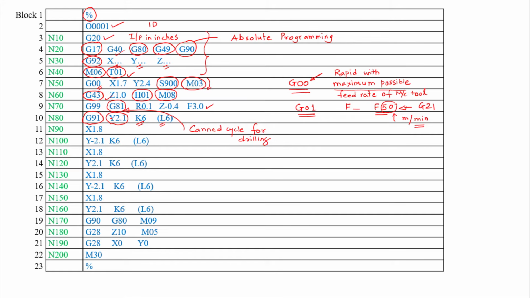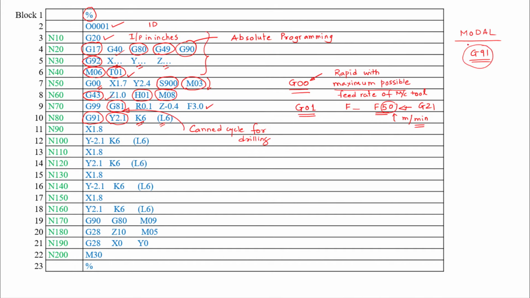When we are not repeating the information for certain G codes, those G codes are called modal commands. For example, G91. We activated G91 in block number 10. In blocks 11, 12 onward, we are using the information in incremental mode only, but we are not repeating the word G91. Repeating it would consume memory space and would be redundant.